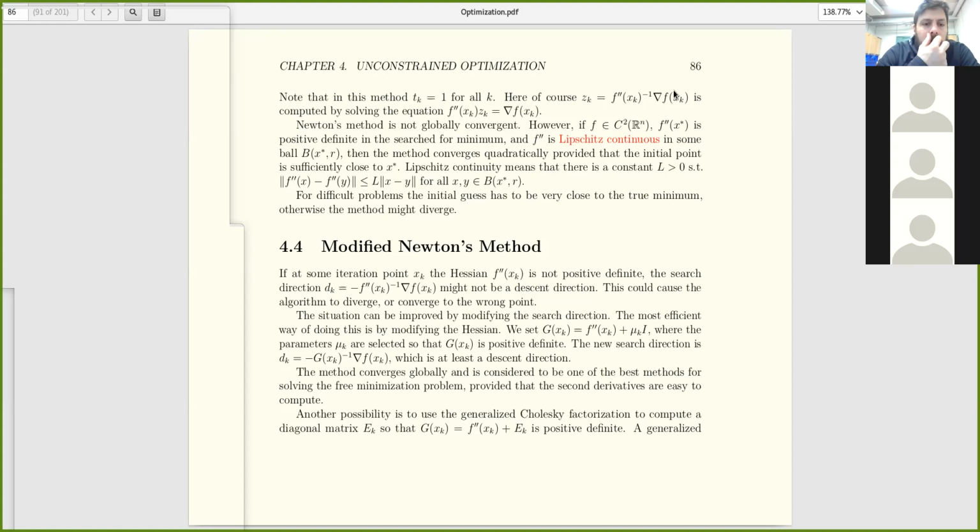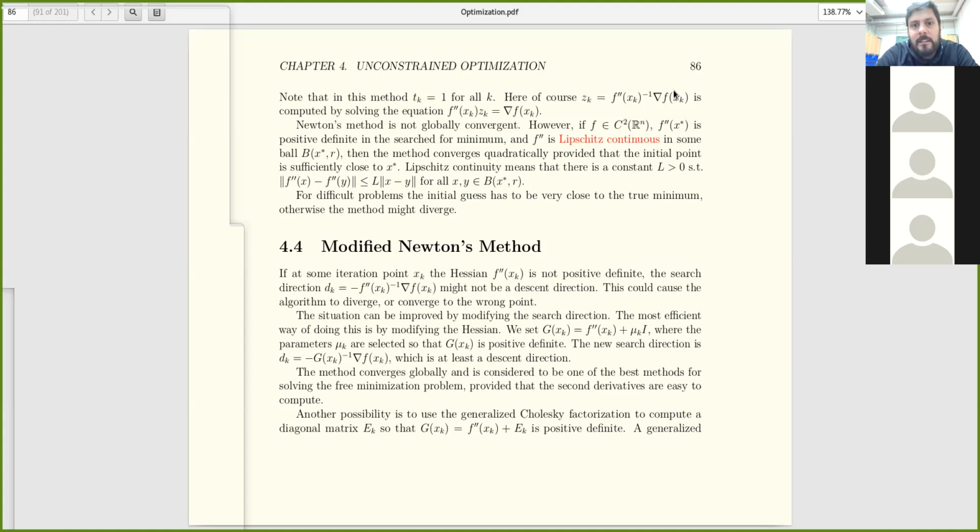Okay, so what can we do? What can we do with this Newton method now that we know there is this risk? Well, one way to do this is to check whether the Hessian is positive definite. If it's not, then do something else.